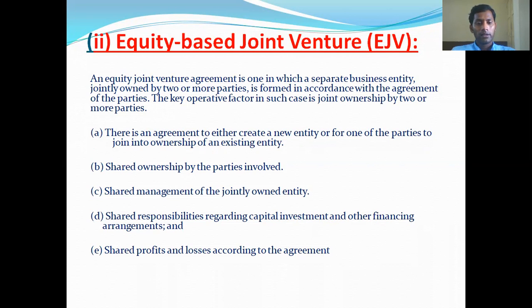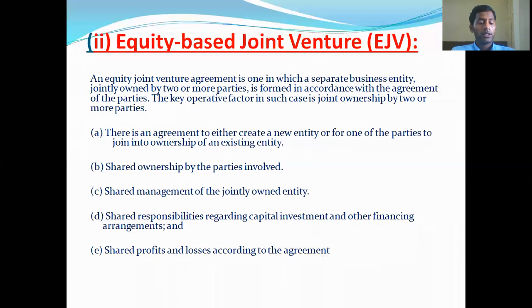There may be two, three or four parties, each with ownership rights. The third one, shared management of the jointly owned entity. Fourth, shared responsibilities regarding capital investment and other financing arrangements.